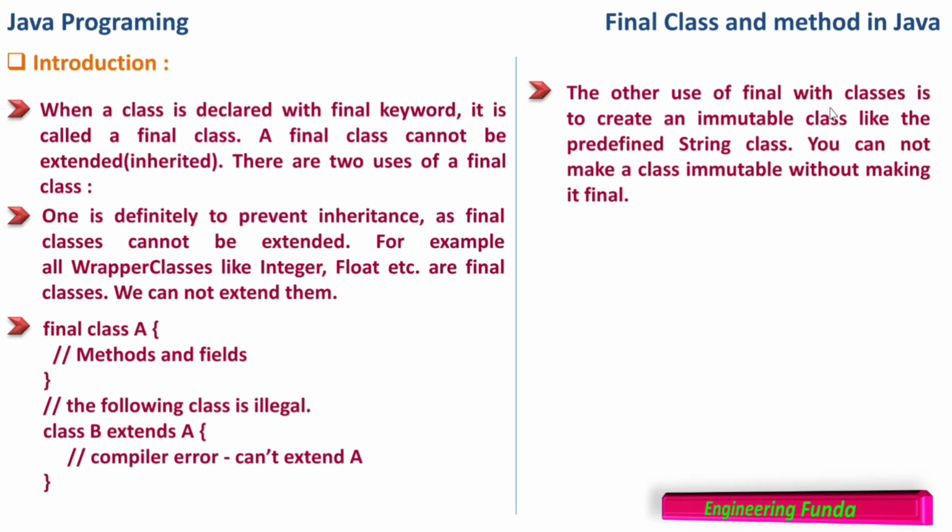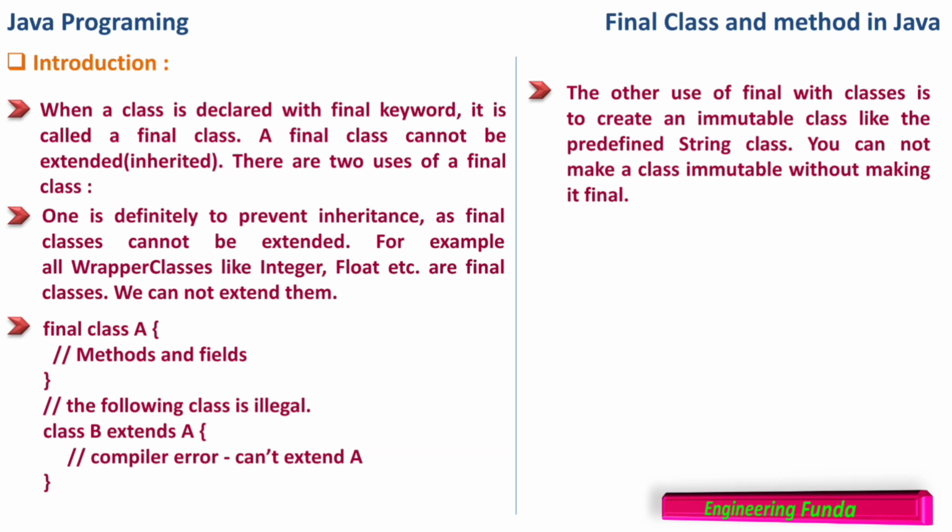The other use of final with classes is to create an immutable class like the predefined String class. So the first use is if you want to restrict inheritance, and the second is if we want to create an immutable class, then also we can do it by using the final keyword.